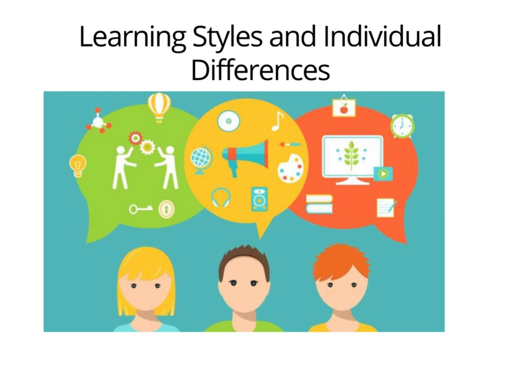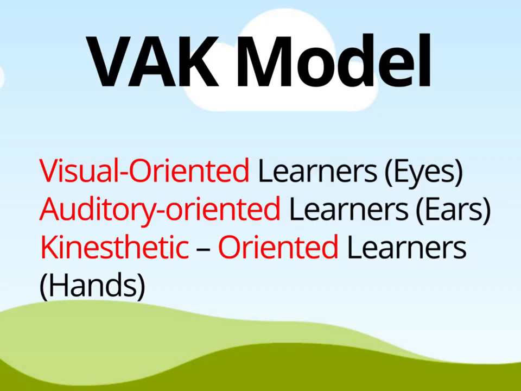We have to understand that there are individual differences, but generally, we can classify learners into three different learning styles. We call this the VAK model or the VAC model. V stands for visual oriented learners.